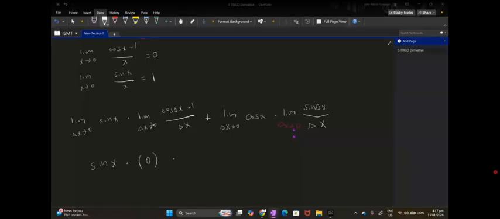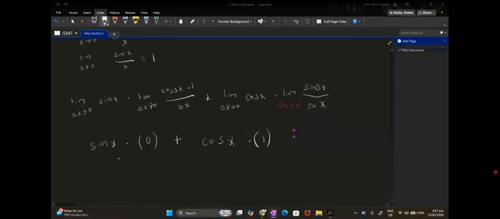So, multiplied by 0, plus the limit of cosine x. Again, same lang siya sa sine x, wala tayong delta x, so magiging as is, cosine of x, multiplied by the limit of sine of delta x all over delta x as delta x approaches 0, which is equal to 1, diba? So, multiplied by 1.